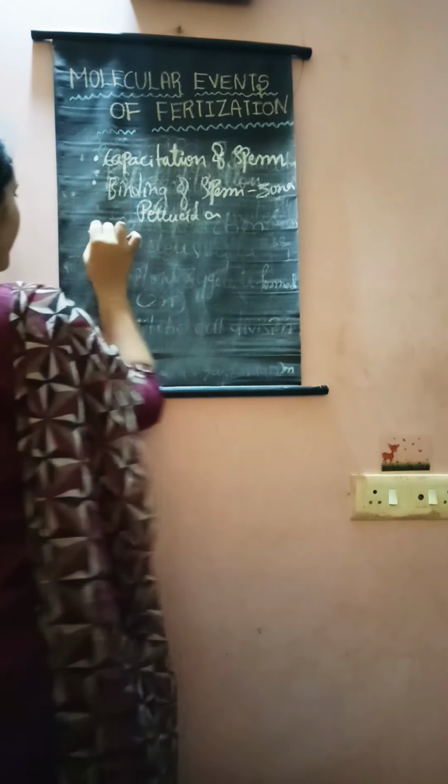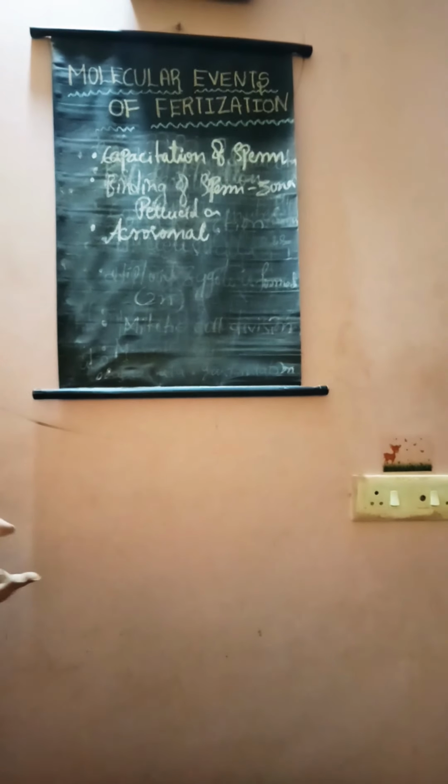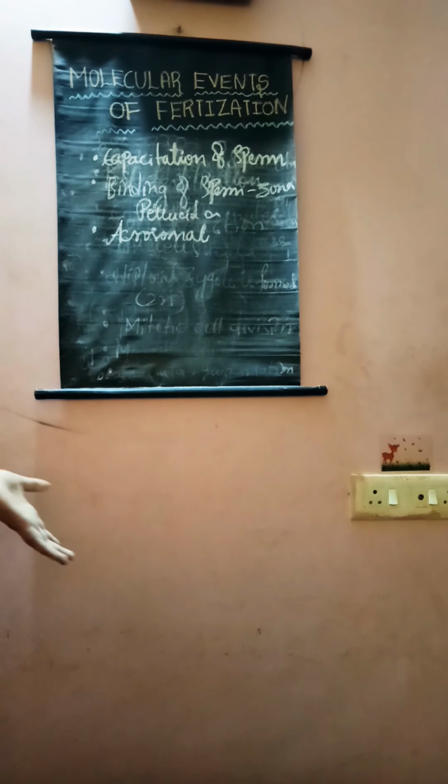acrosomal reaction. Acrosomal reaction is the release of acrosomal content, which releases enzymes such as acrosin, which can make the zona pellucida membrane permeable through which the sperm head can fuse inside. Then followed by penetration of the zona pellucida.